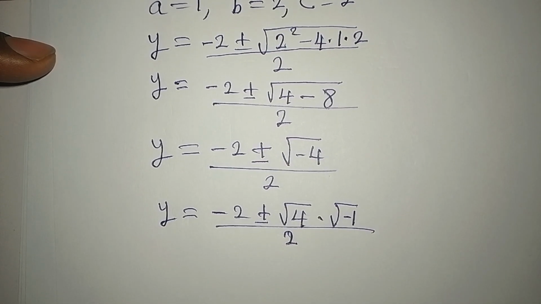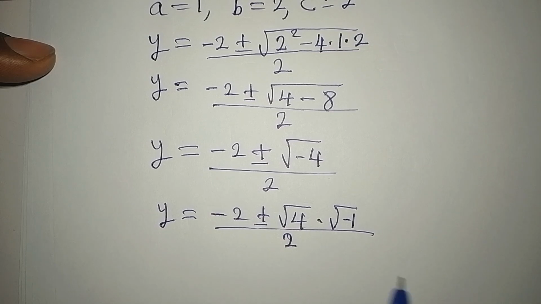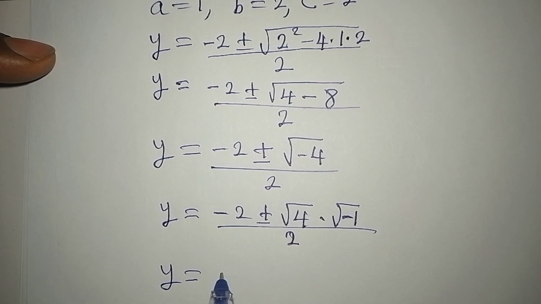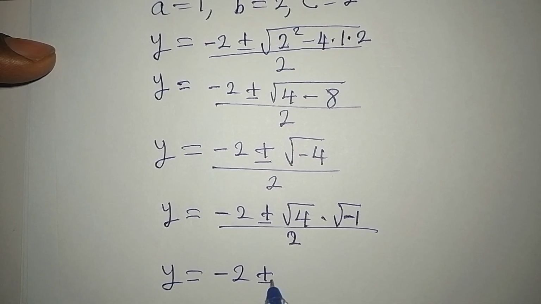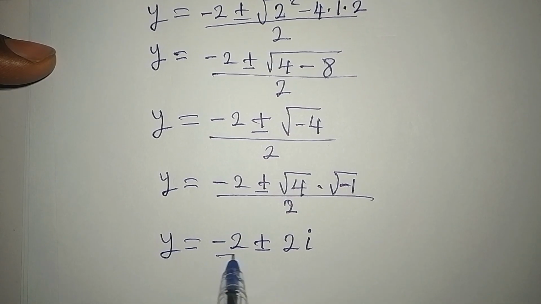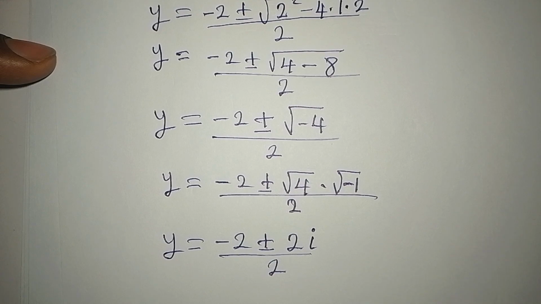Now I can get the square root of 4, then get the square root of −1, which is imaginary i. So y now is equal to −2 ± the square root of 4, which is 2, then the square root of −1 is imaginary, and we write it as i. We can now divide this by 2.